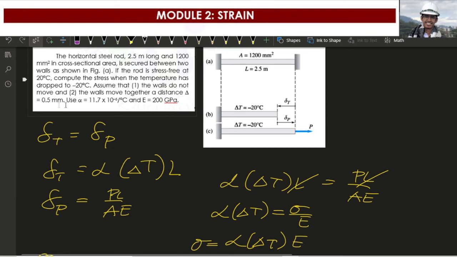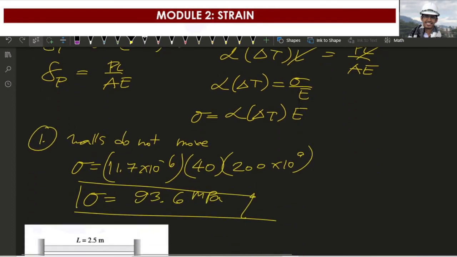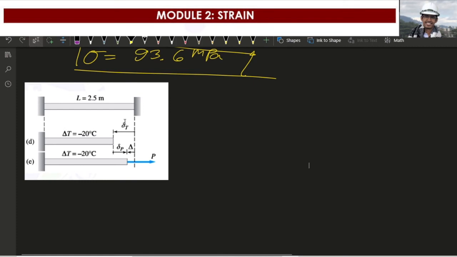So yung situation 2 natin, that will be the walls will move together at a distance delta is equal to 0.5 mm. So yung figure natin will be, so if yung rod natin, magkakaroon siya ng deformation due to the temperature. And for the compatibility, magkakaroon tayo ng deformation due to force P plus yung kanyang delta na 0.5 mm.